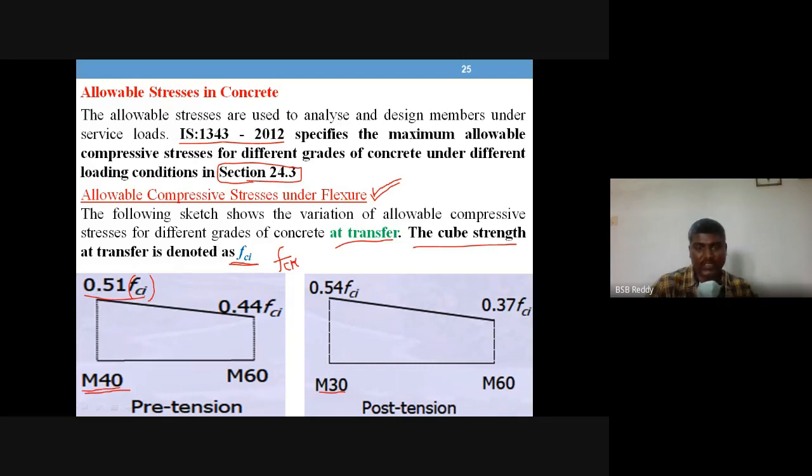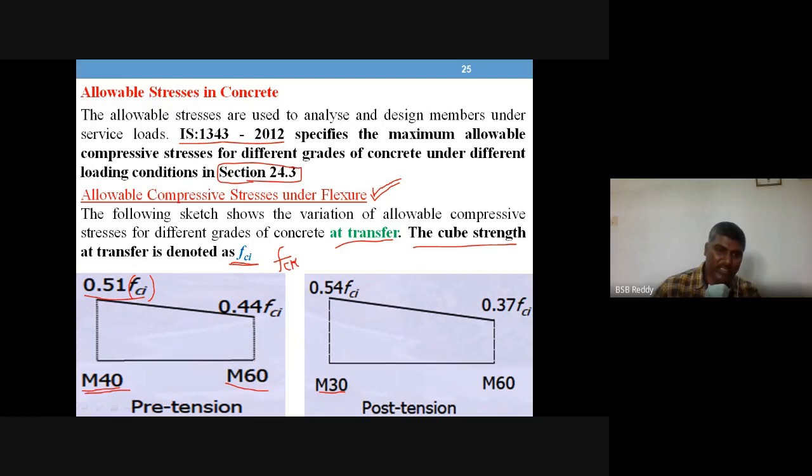You have to design the member in such a way that the compressive stress in bending should not be more than 51 megapascal if FCI is 100. Similarly, for a grade of M60, it is 44%, and we have talked about up to M80.